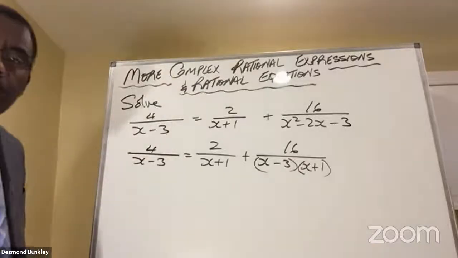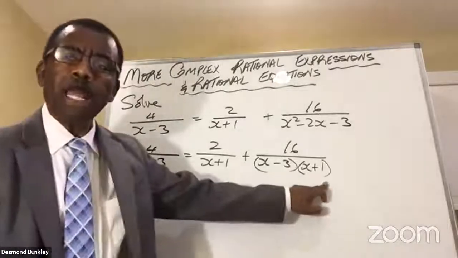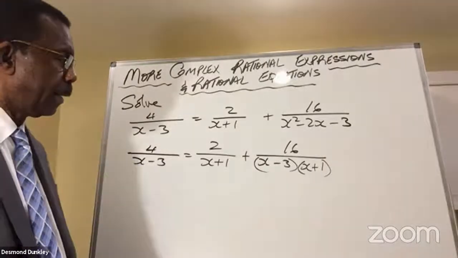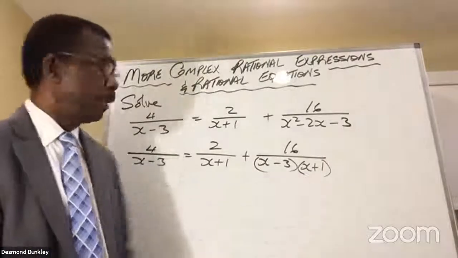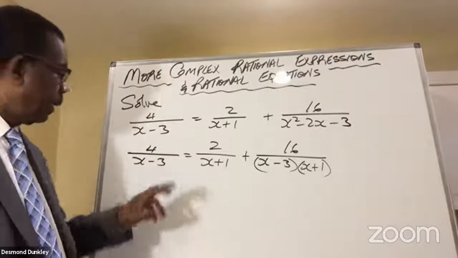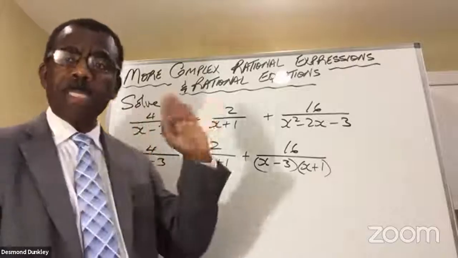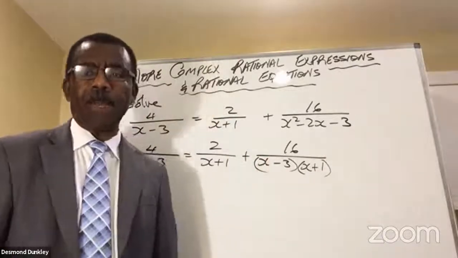Okay? So what's the common denominator? This embodies all the denominators. So this is the common denominator. It is divisible by itself. It's divisible by x plus 1. It's divisible by x minus 3. So now we're going to multiply both sides by this common denominator.